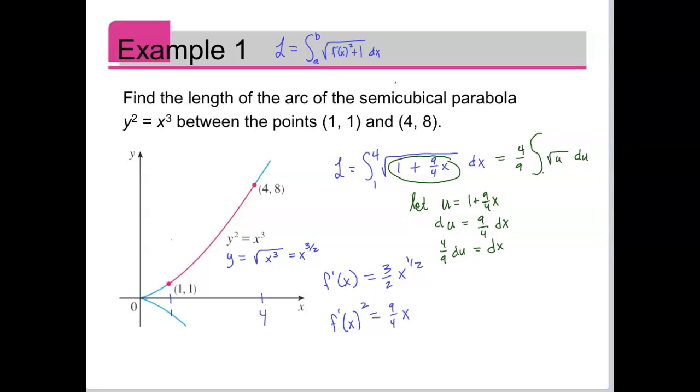So u would be 13/4. And when x is 4, u would be 1 plus 9, so 10. There we go. I have an equivalent integral. I can just go ahead and evaluate that as is. So 4/9 integral u to the 1 half du from 13/4 to 10.